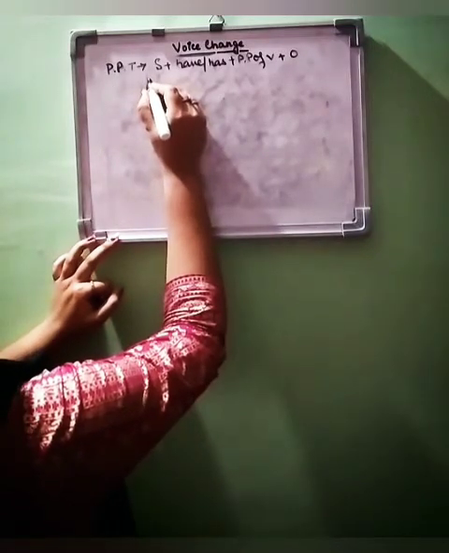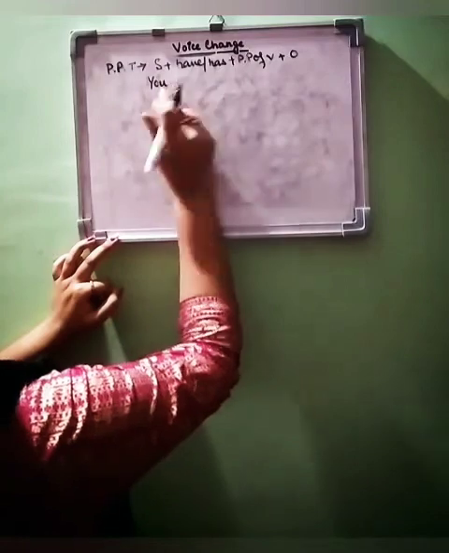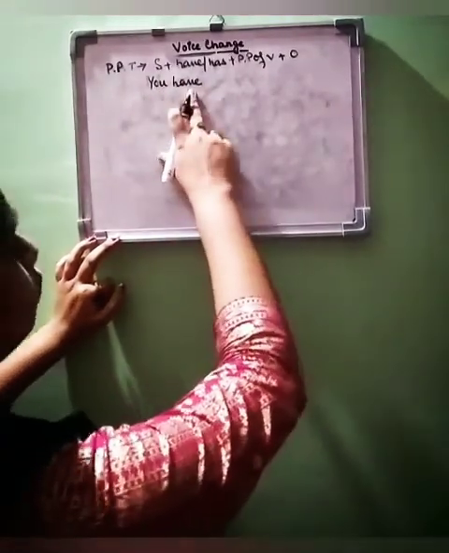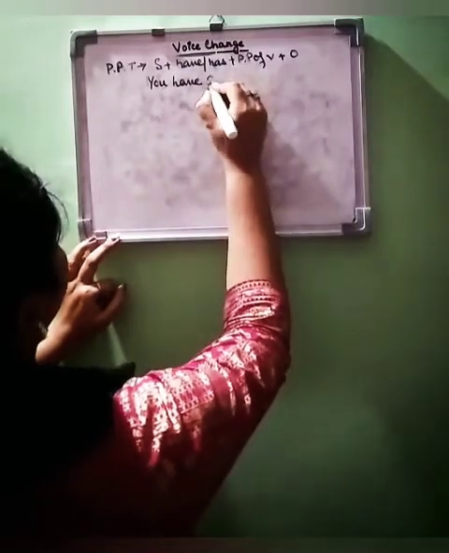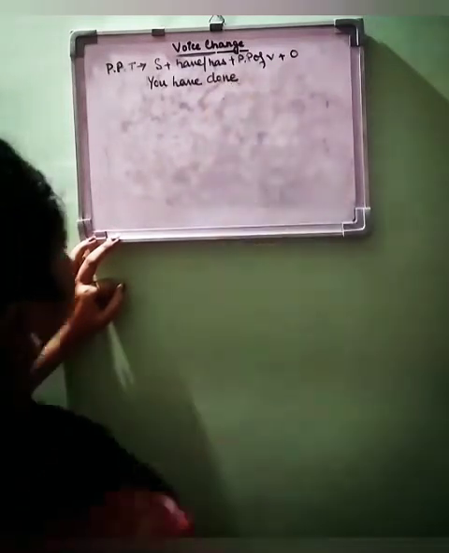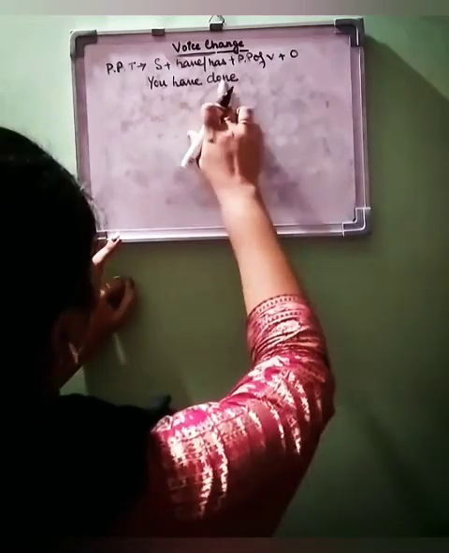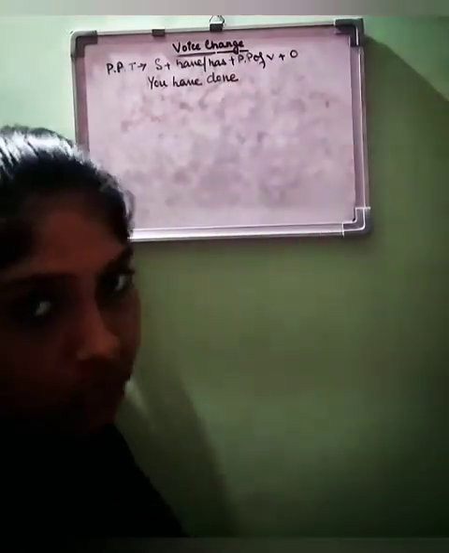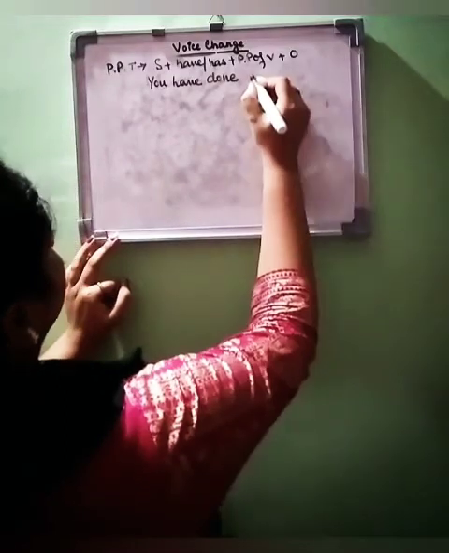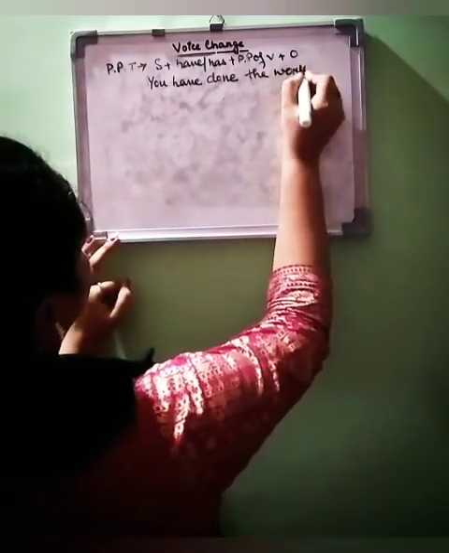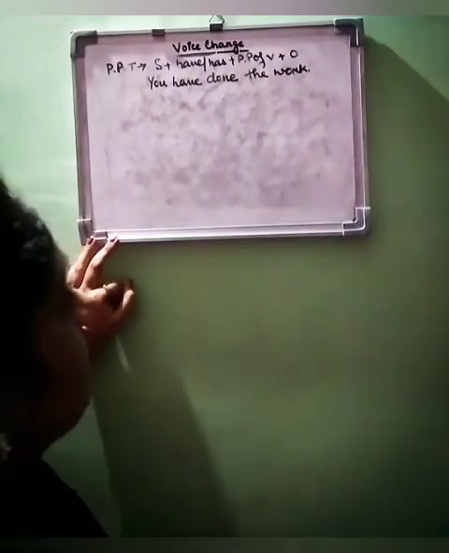We will write "you have", because with you we put have, then done. Let's take the verb do. You have done. Done is the past participle of do, the work. Let's take this sentence: You have done the work.